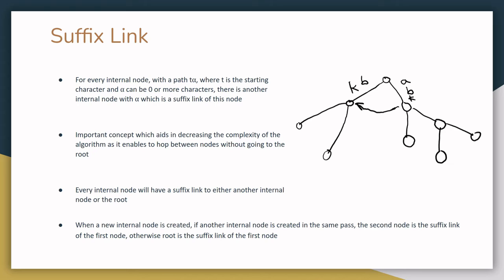So for example, as we can see on the right, if we start at the root and go here, this branch has a path abk, and this branch, as we start from the root, has the path bk. So in accordance, the suffix link of this particular node is this particular node.